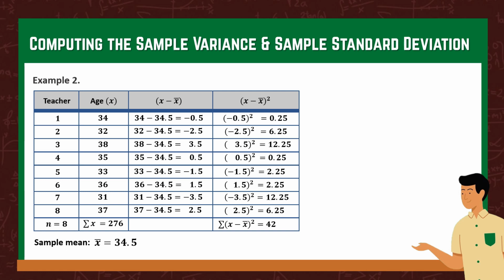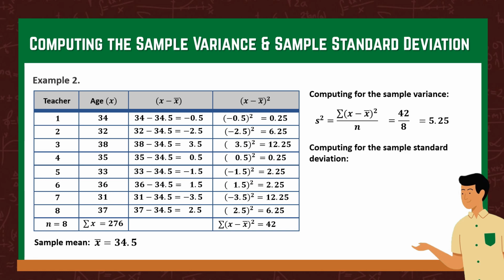So at this point, we can now compute for the sample variance. So the formula is this. So we have to substitute the values. 42 divided by 8 equals 5.25.